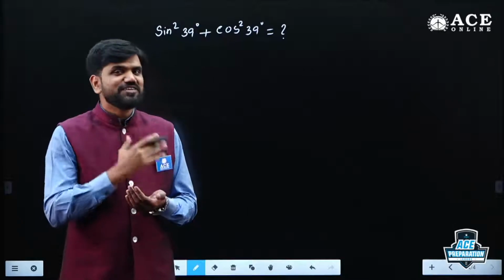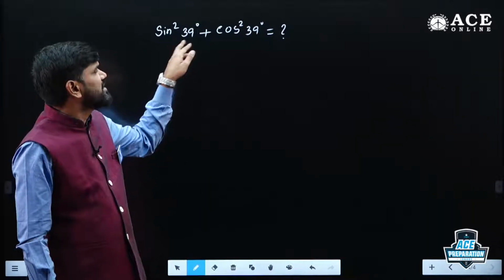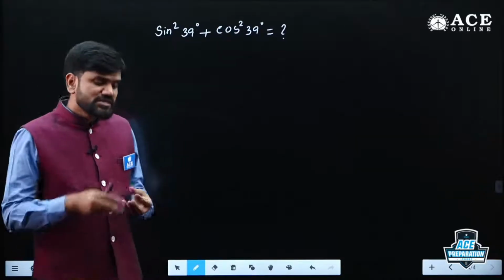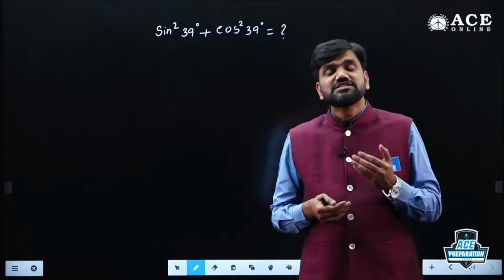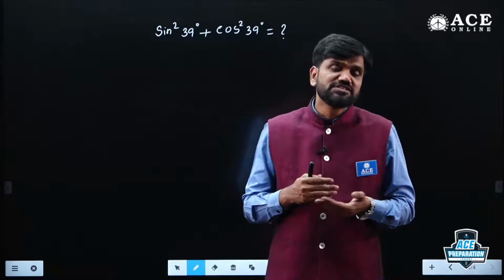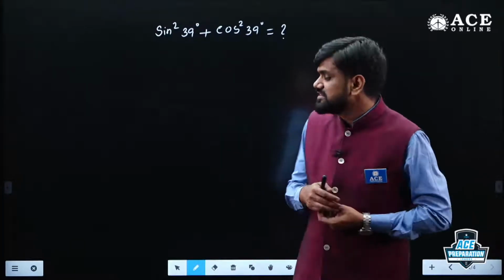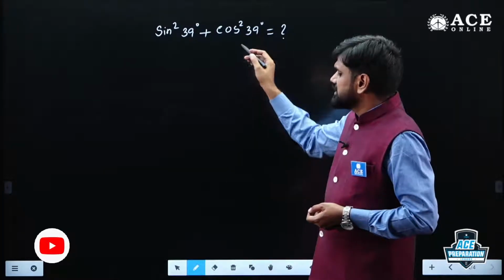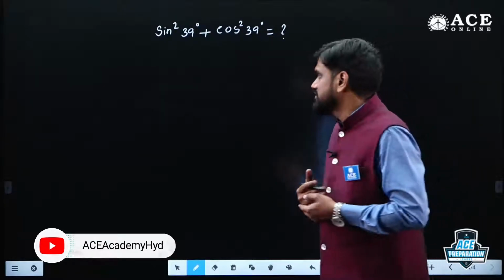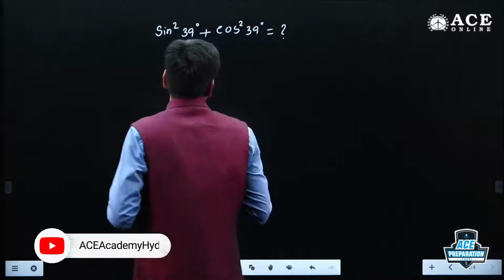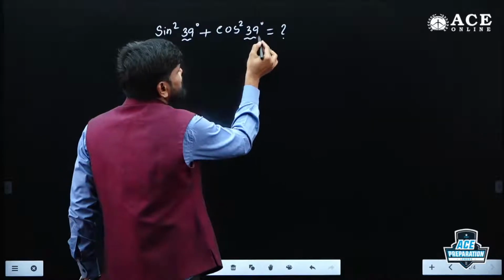This is where people get confused, because we generally learn the values related to some standard angles in trigonometry like sin 0 degrees, sin 30 degrees, sin 45 degrees, sin 60 degrees, sin 90 degrees. But in the exam they will give you values like this, where people get confused. The point you need to understand is, whatever value they give for theta here, it does not matter.